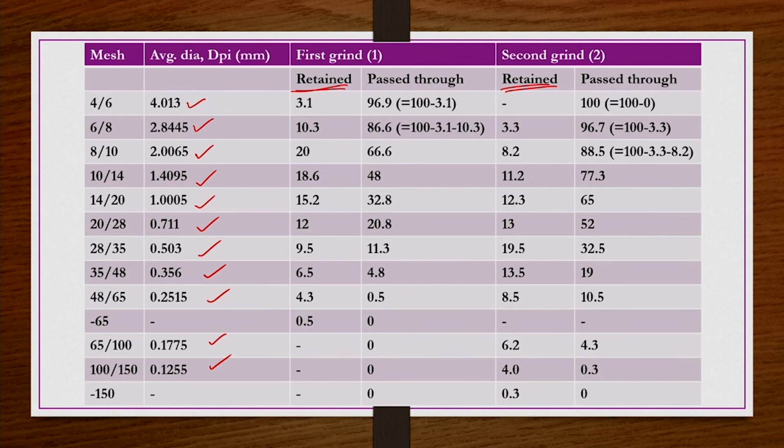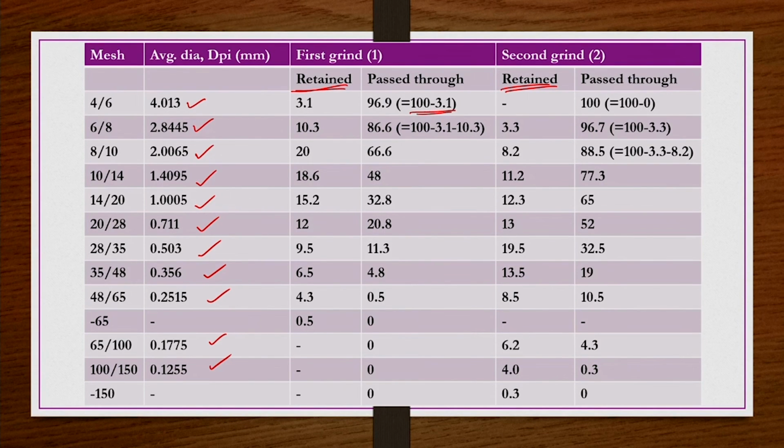So, you need to find out how much material has passed through. Overall is 100%. So, from 100 if you subtract 3.1, that means 96.9% of the material has passed through screen 4. Only 3.1 percent is retained on screen 4.